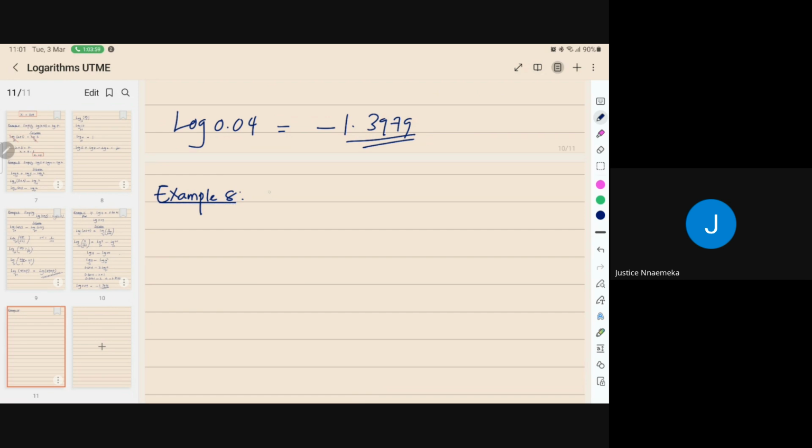Let's say we are asked to solve log x minus log (x minus 1) is equal to 1. Do you see what is happening there now? So what can we do? Solution. The first thing that we can do, anytime it has been condensed for you, don't condense it again.